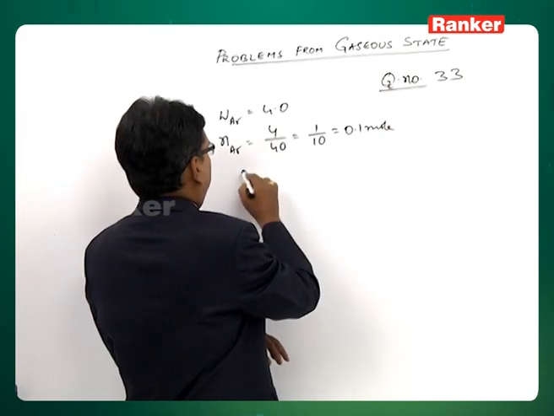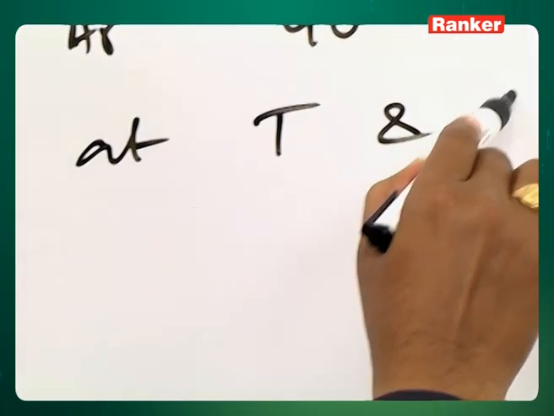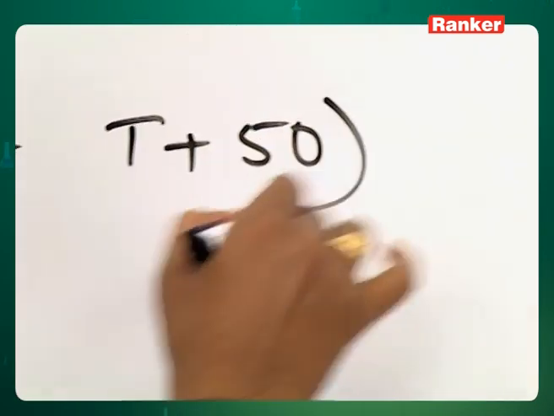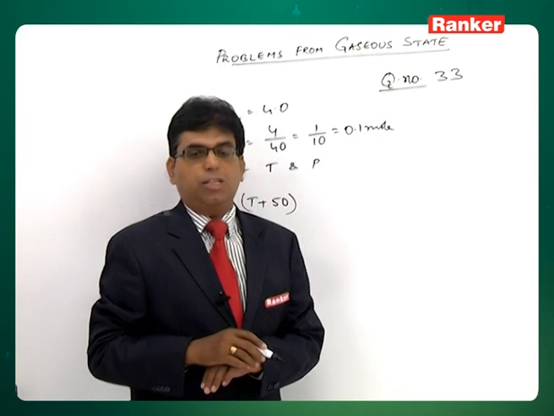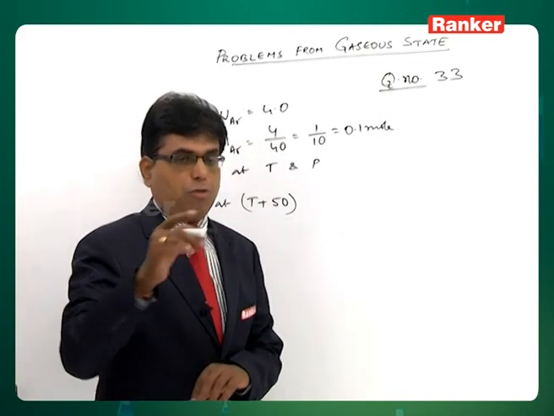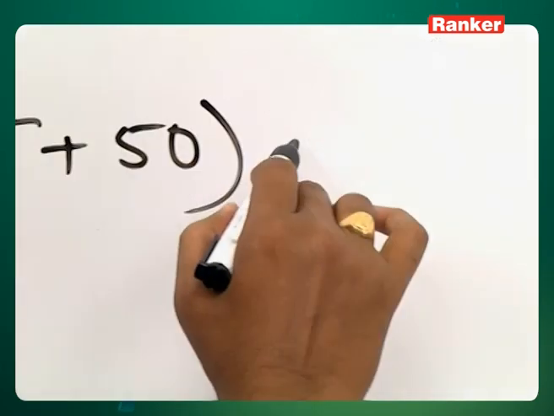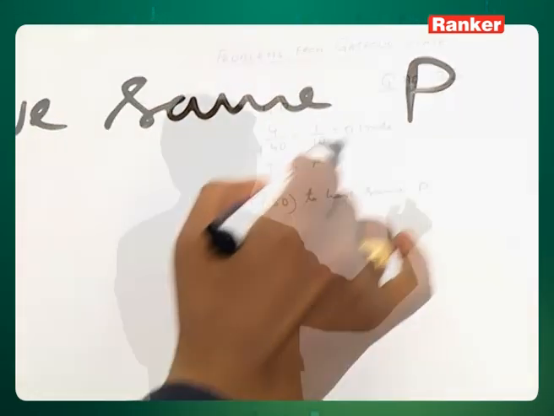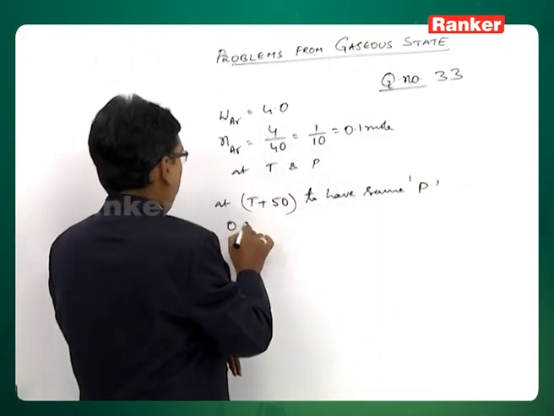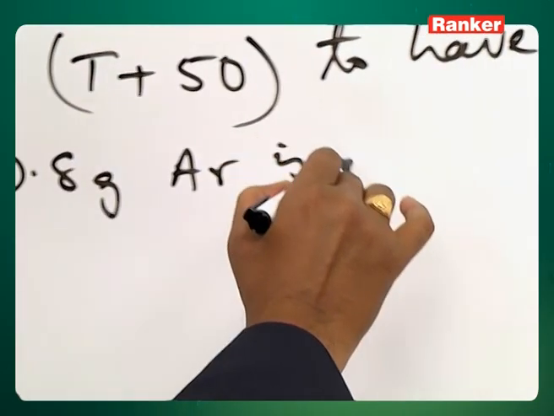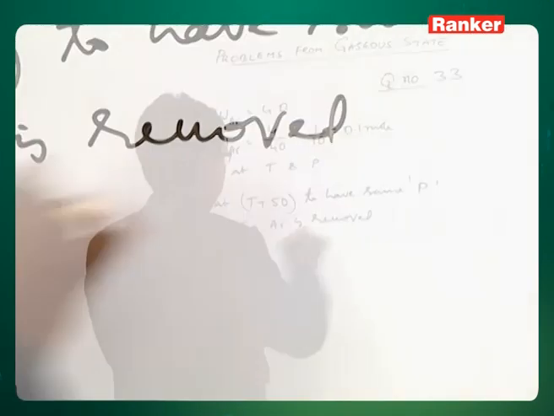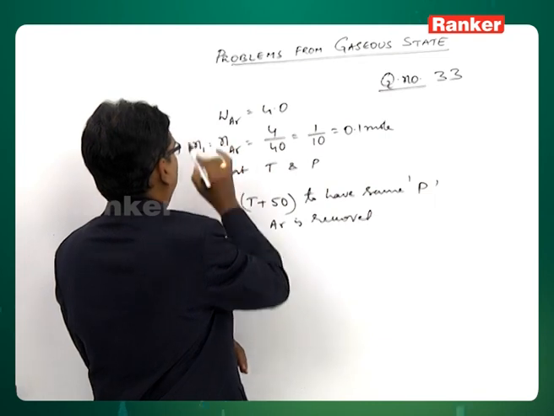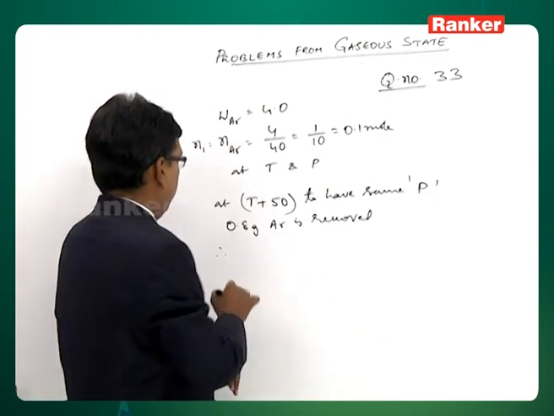So, here we consider temperature T and pressure P. Now, at T plus 50, at a temperature 50 degrees more, 0.8 grams has to be removed to have the same P. So, 0.8 grams of argon is removed. This is the given information. Therefore, I will take N1 as the given number of moles of argon.